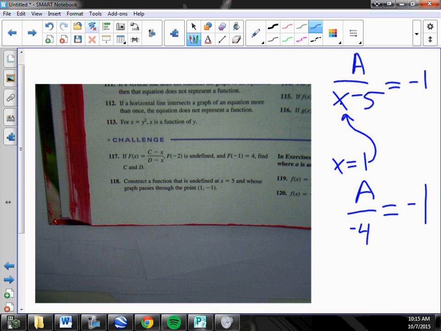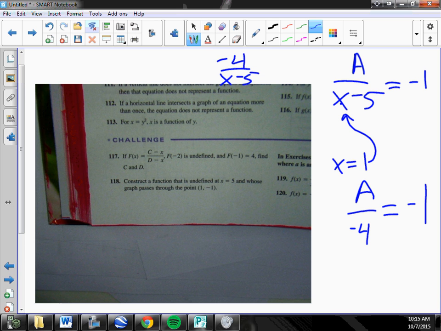So, and you put that on top, or did you put it on bottom? And then, oh, I see. Okay, so this would work: negative 4 over x minus 5 satisfies that.